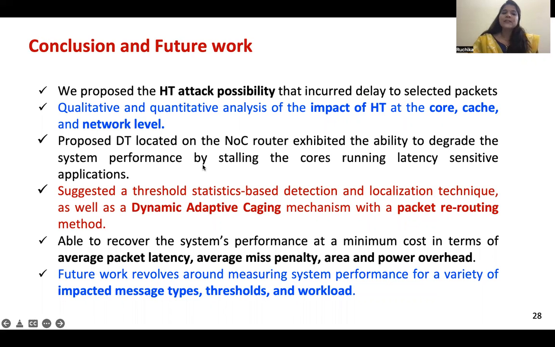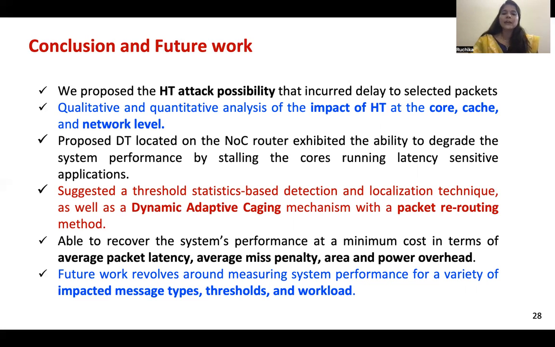The proposed DT, which we assume is present randomly at any NoC router, shows the ability to degrade the overall system performance. But later on, we also see that system performance is restored by the suggested threshold statistics-based detection and localization technique that we call dynamic adaptive caging, which supports packet rerouting and bypasses the HT node.